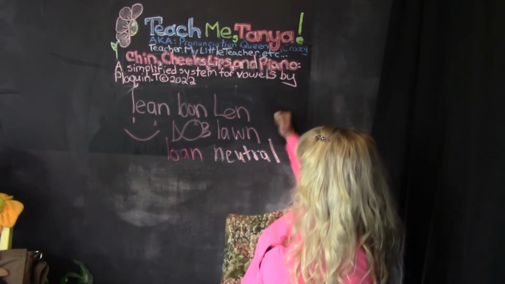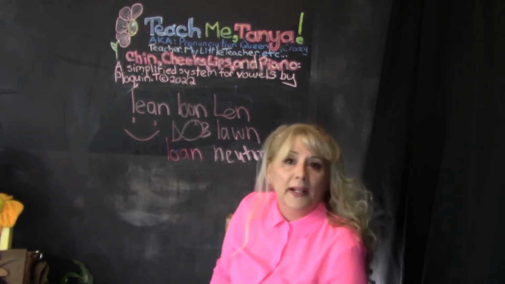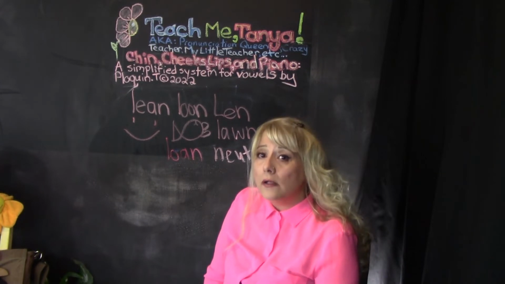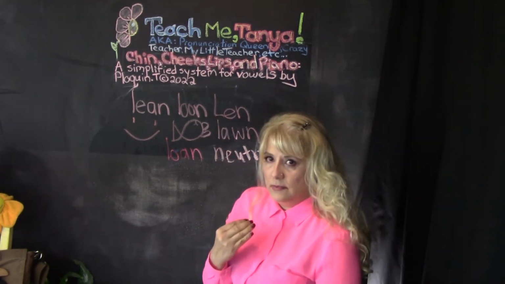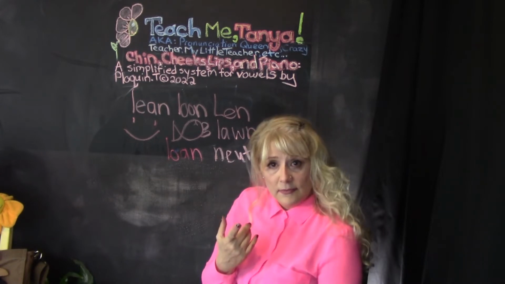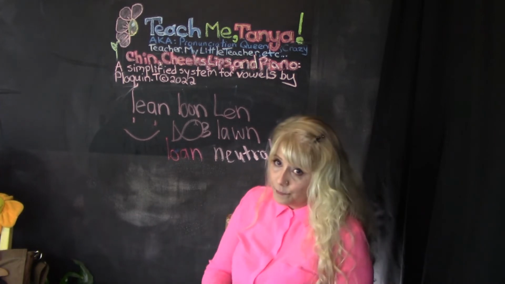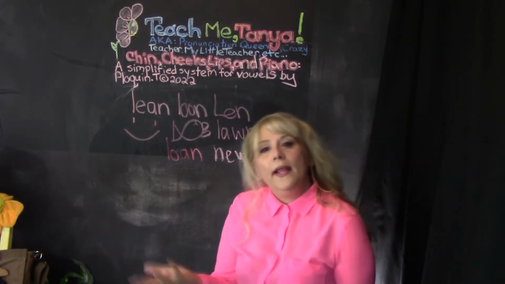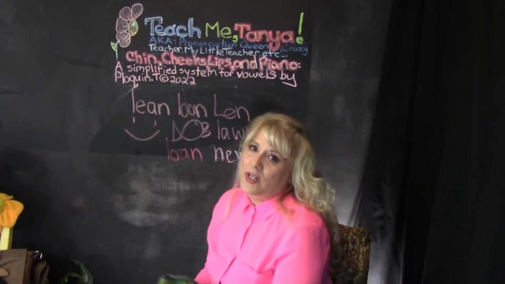And the two neutrals, len. My lips don't move. Lawn. My lips don't move. My chin just goes down. So a lot of students are having a problem, really, just knowing the difference between the lips. What are my lips doing, teacher?